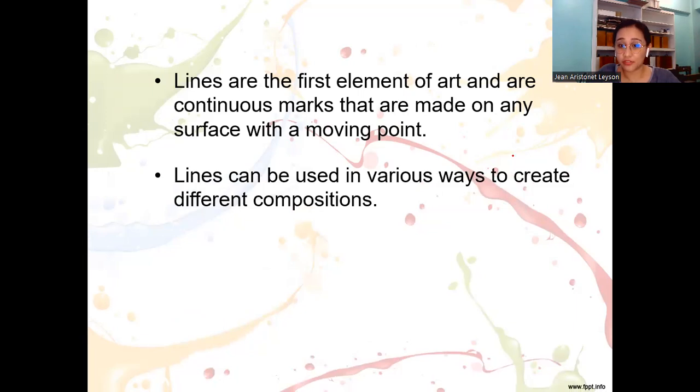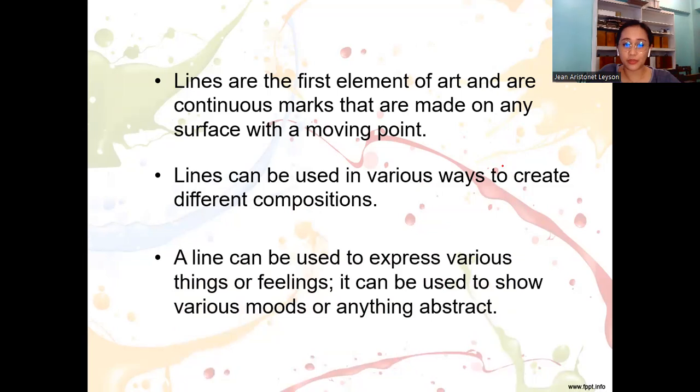Lines can be used in various ways to create different compositions. A line can be used to express various things or feelings. It can be used to show various moods or anything abstract. So the type of line that will be used by the artist also has meaning behind it.